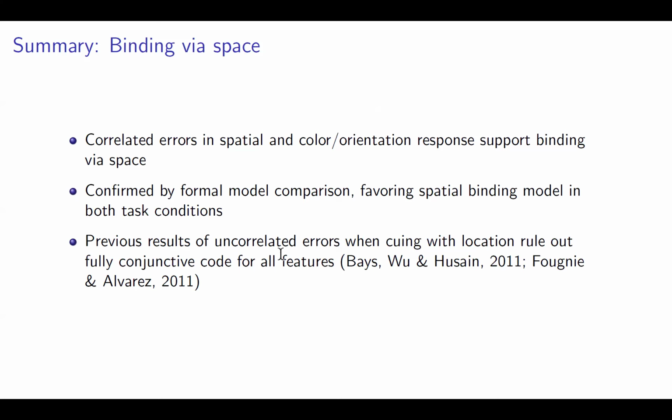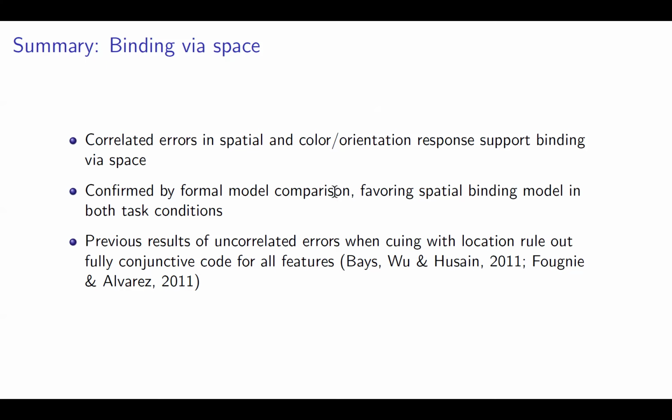That indicates that there's not really a fully bound representation of all the features, which would in these tasks that I've shown make the same predictions as the spatial binding model, but that really there's a difference in whether you cue with location or you cue with another feature, and location seems to have a special role in that only it is bound directly to the other features.